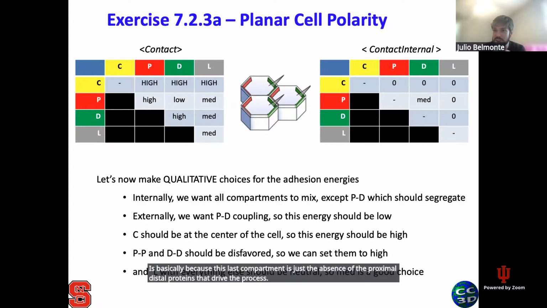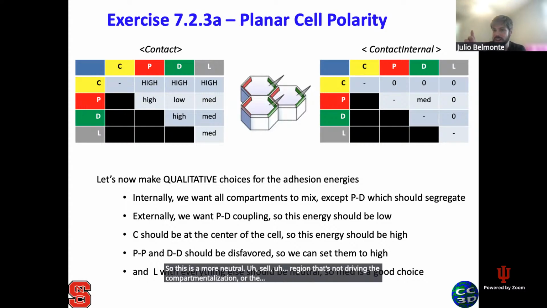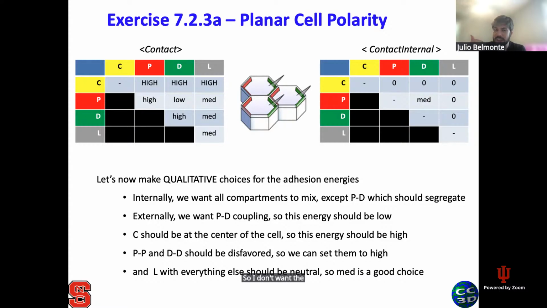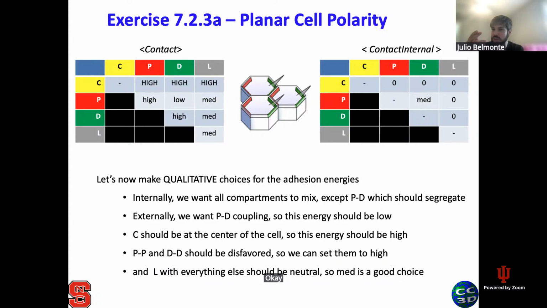So this is a more neutral cell region that's not driving the compartmentalization or the polarity of the cell. So I don't want the lateral to actively colocalize with another atom, because then again that would say that there is an active mechanism for that. Okay. So I want it to be neutral between themselves and also neutral with the other ones.